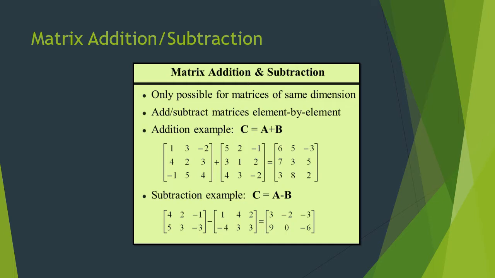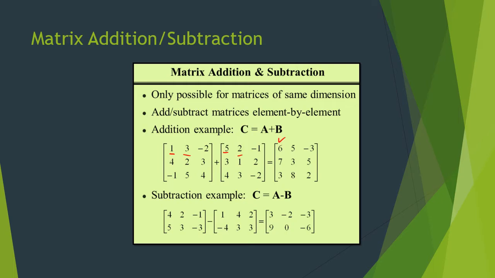Matrix addition and subtraction only work if the dimensions are the same. That means the rows and columns are the same. You add and subtract matrices element by element, and the result we just call matrix C. So if I have matrix A plus matrix B, I produce matrix C. You're literally going, what's 1 plus 5? 6.